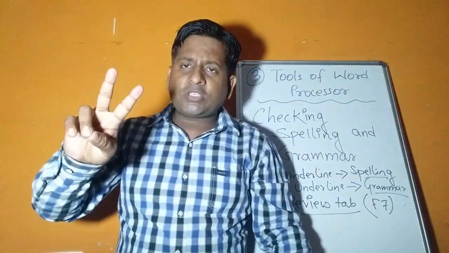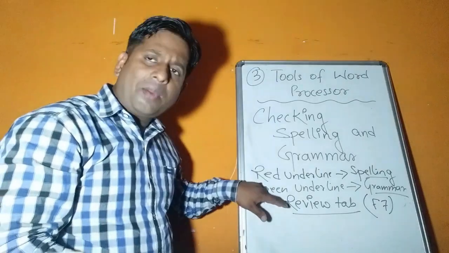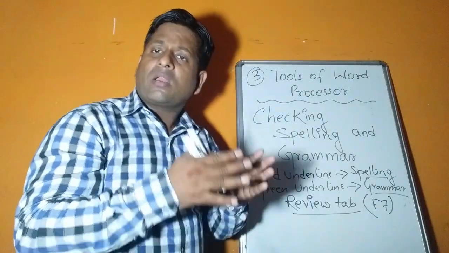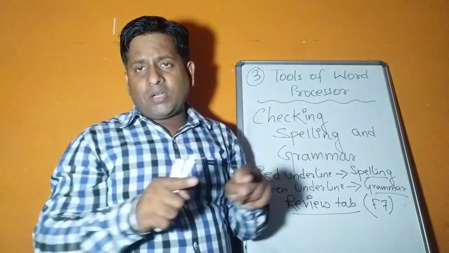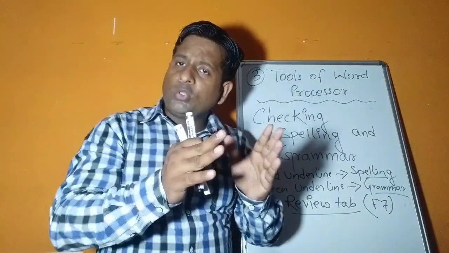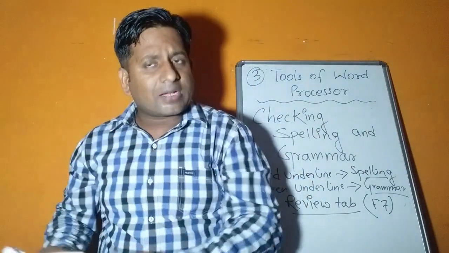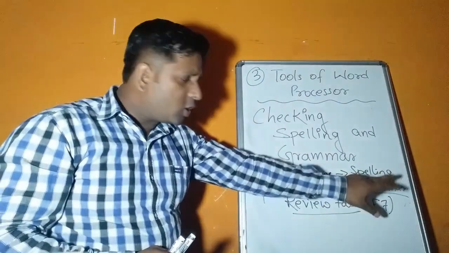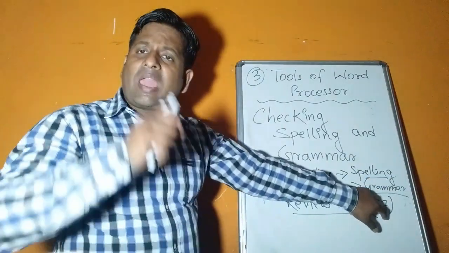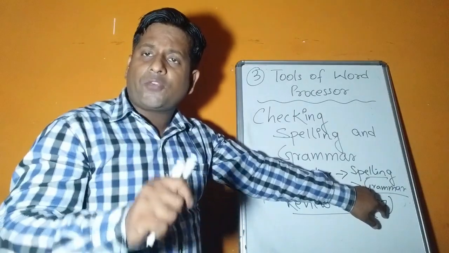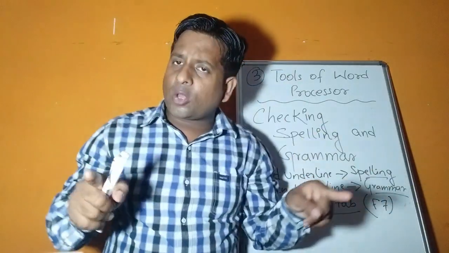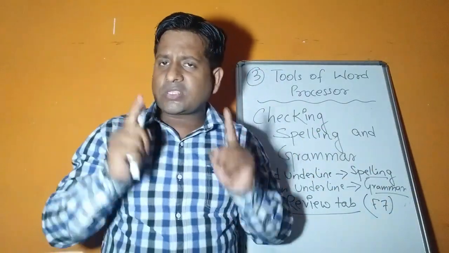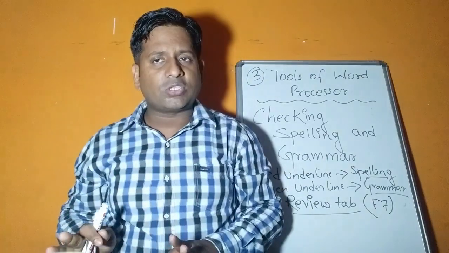So you have two options. Either you can go to the review tab and click on spelling and grammar check. The dialog box appears, suggestion will be there, use or ignore or add to dictionary. Perform it. Or else another option, you can press the F7 function key from the keyboard. You again get a dialog box, again with three options: suggestion, ignore or add to dictionary.